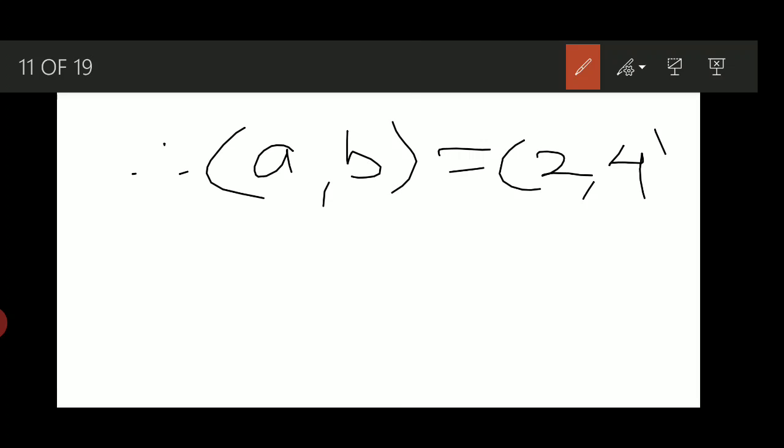Now we write this as a pair, therefore the answer is a comma b is equal to 2 comma 4, which is the solution of the simultaneous equations.